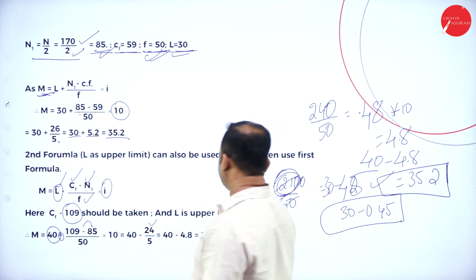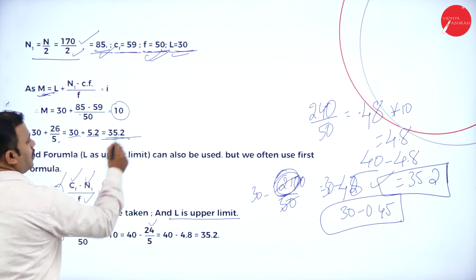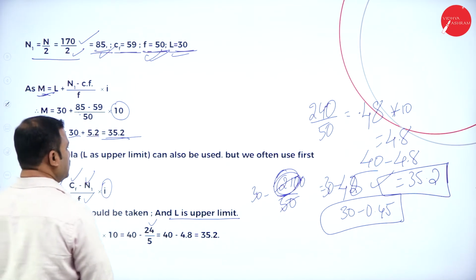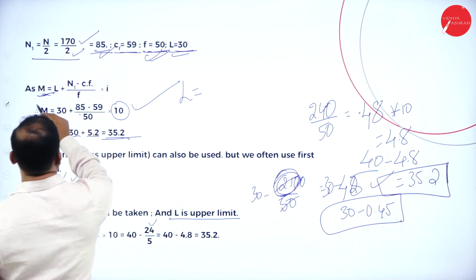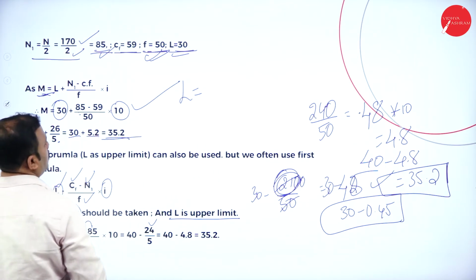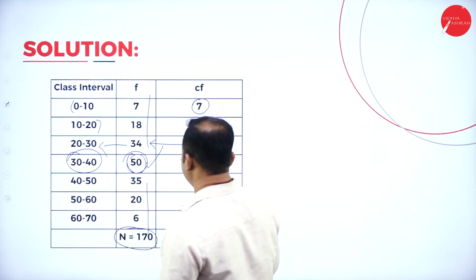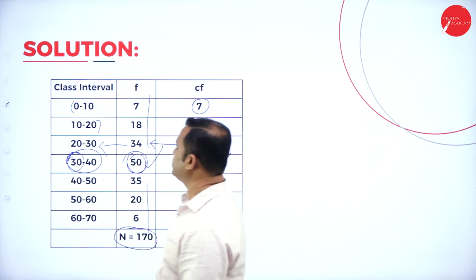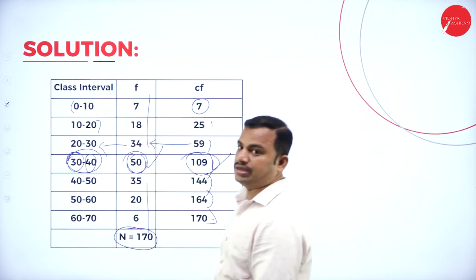So we are taking L as an upper limit here, and L as a lower limit in the other. If I consider the first method, I will consider L as a lower limit, which is equal to 30. The lower limit is 30 between the class interval, and the upper limit is 40 here.